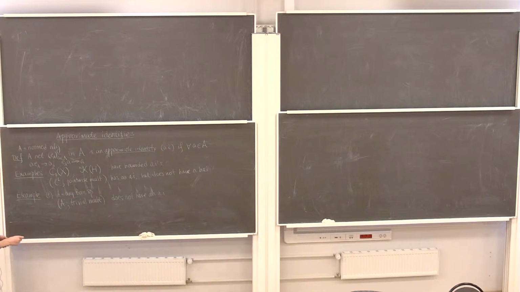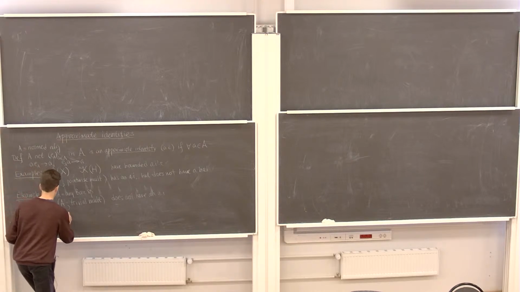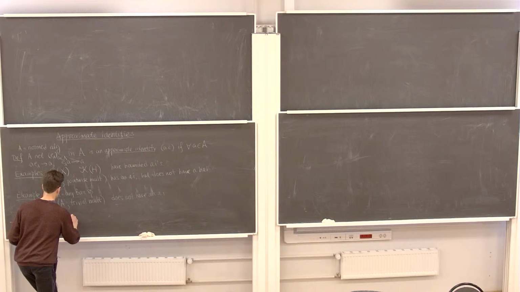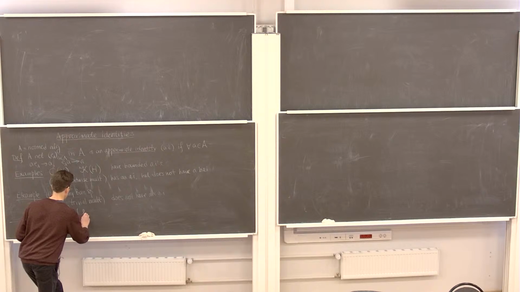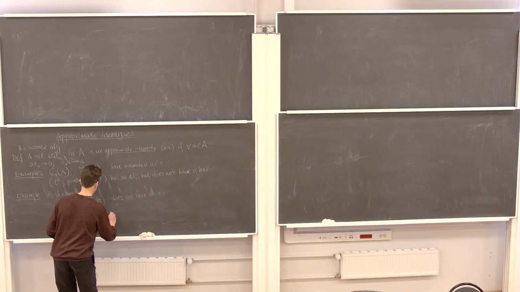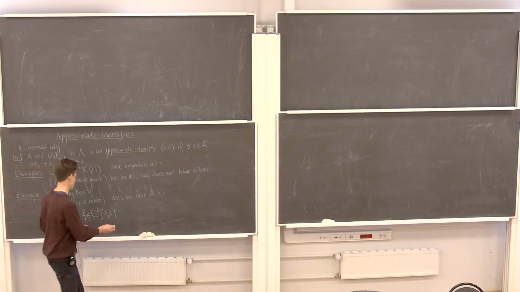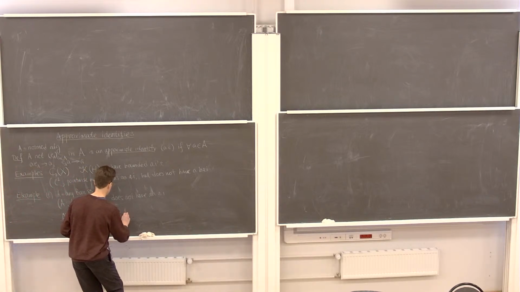And a more interesting example, not so stupid, is the maximal ideal in the algebra of continuously differentiable functions. So suppose that A is the algebra of those functions in the algebra C1 of continuously differentiable functions on the unit interval, such that f vanishes at 0.